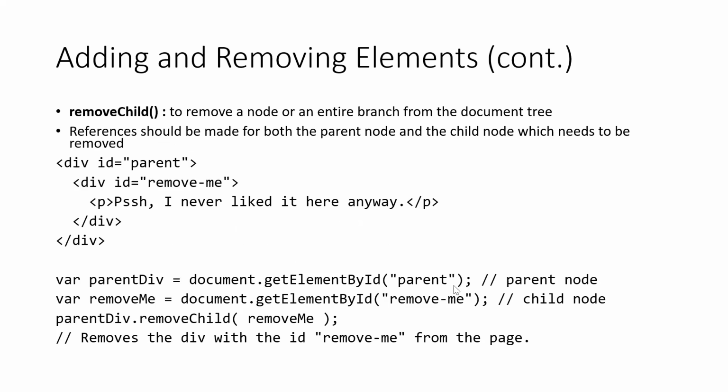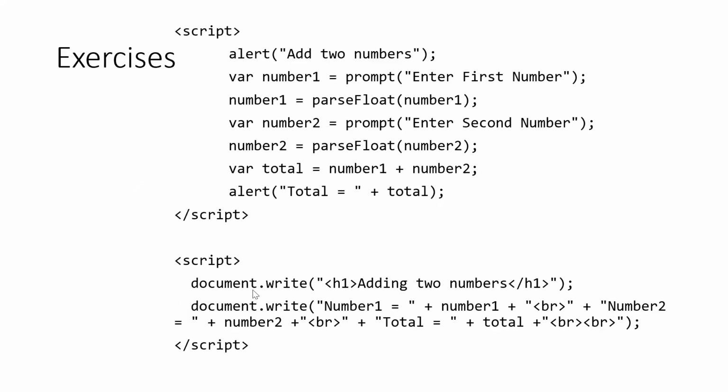So first of all, we get the parent node, right? We will get the parent node by getting this. So this is the parent, and then you will get the removeMe, right? And then from the parent, you are going to remove the child. So whatever is inside you can remove, and this is called remove, right?